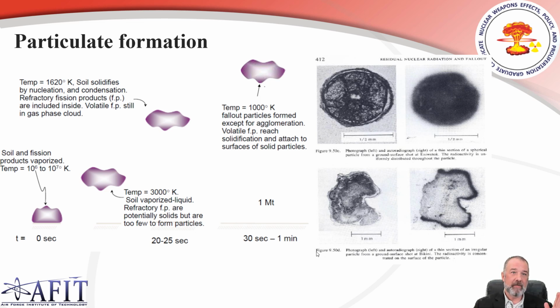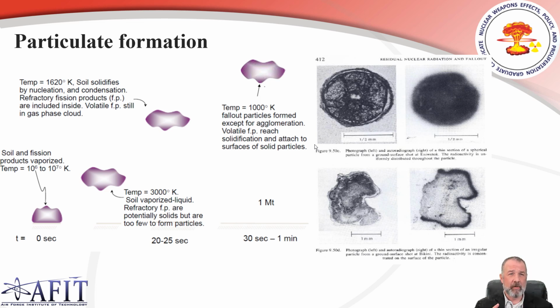And if we look at the figures here on the right, these are photographs of cross sections of these materials following a nuclear detonation, and they look very different. So we look at the top one; it's almost perfectly spherical.